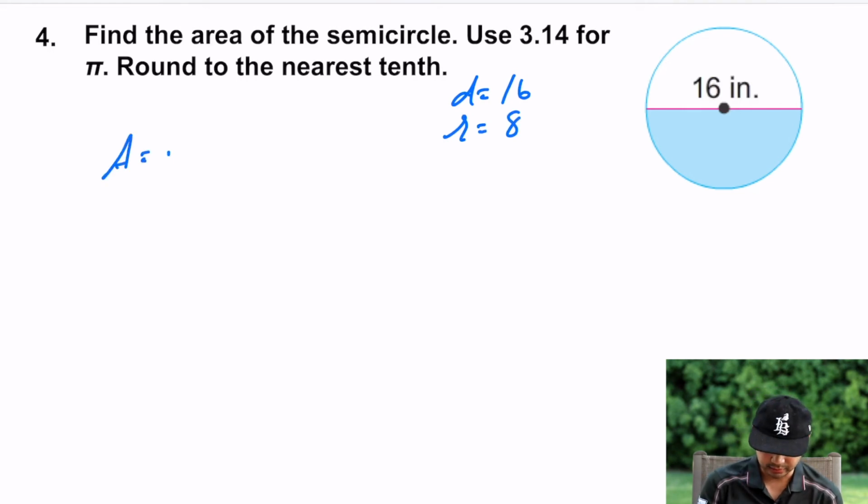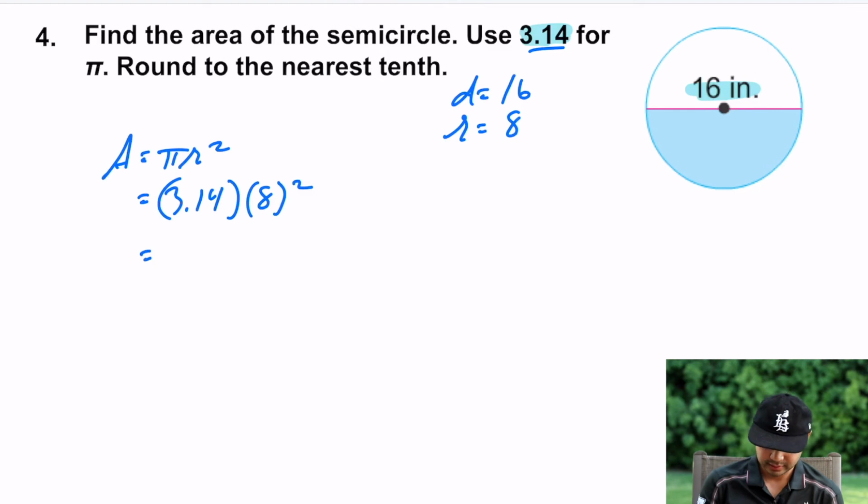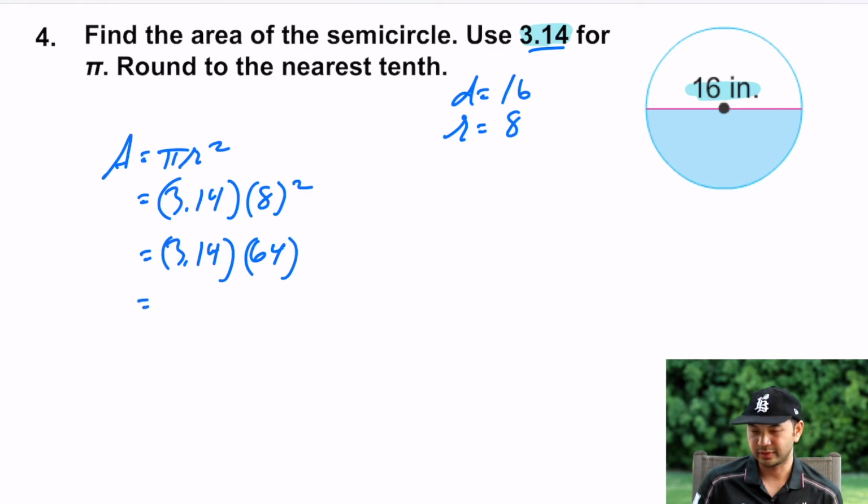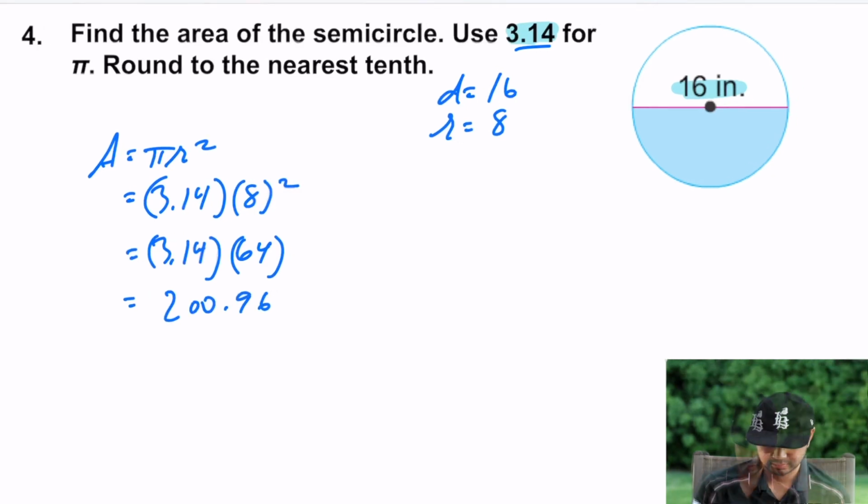So area equals pi r squared. It says use 3.14 for pi. Okay, so I'm going to go 3.14 times the radius, which is 8 squared. So 3.14 times 64. And then for all of these, you can use your calculator. So that's going to be 200.96.